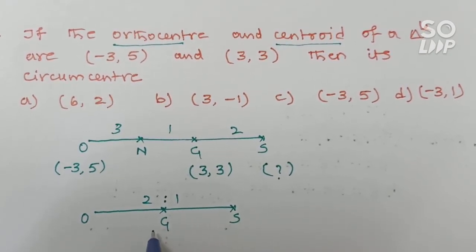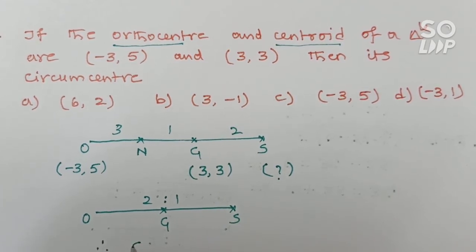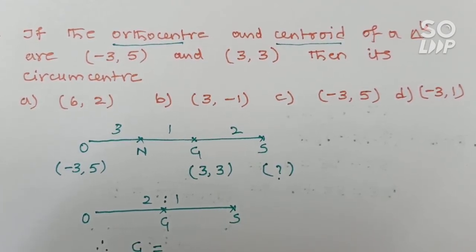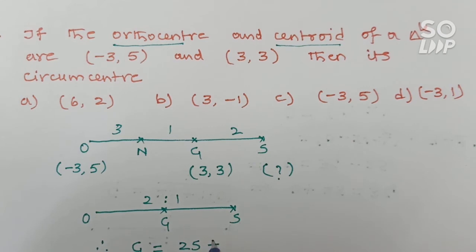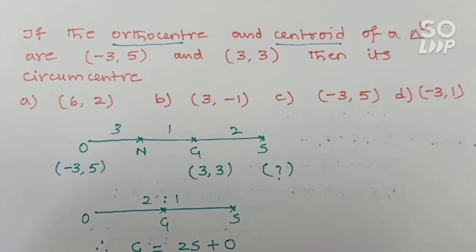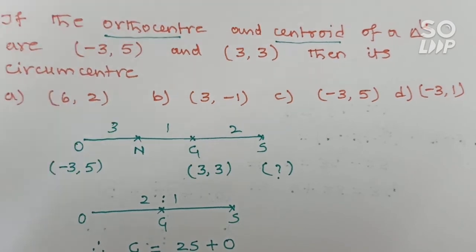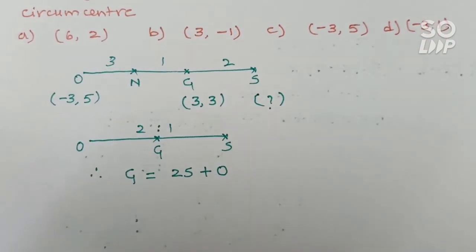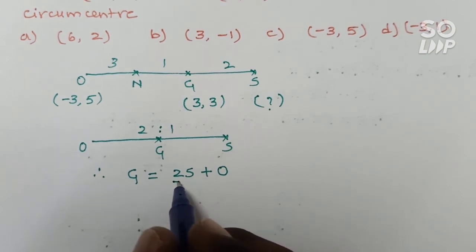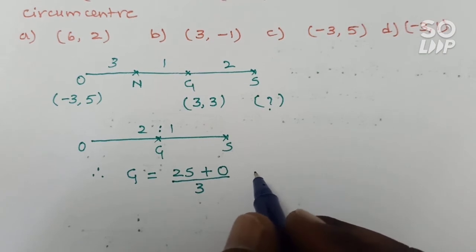Now apply the internal section formula. Therefore G is equal to 2 into S plus 1 into O, whole divided by 3, where O is the orthocenter. This is the internal section formula.